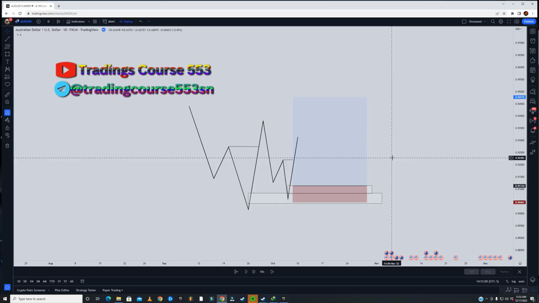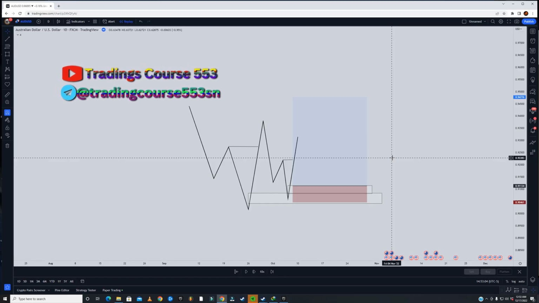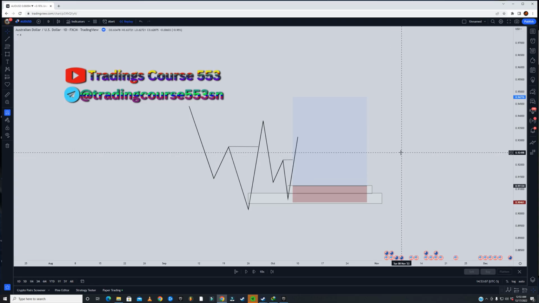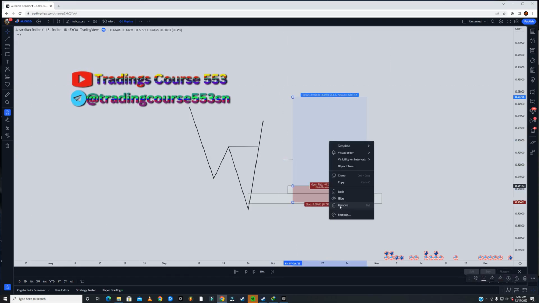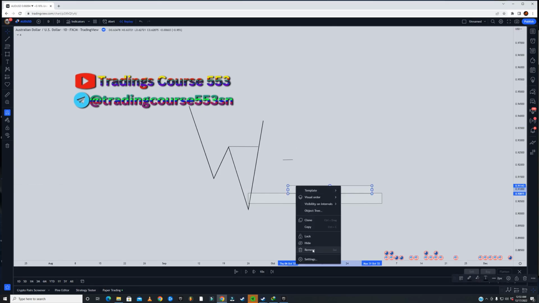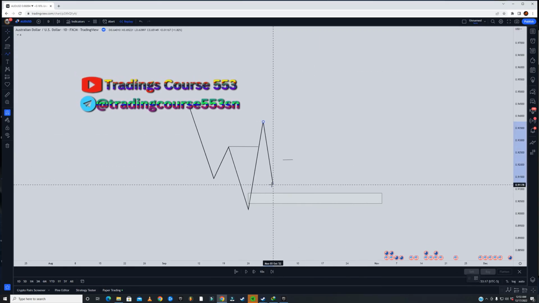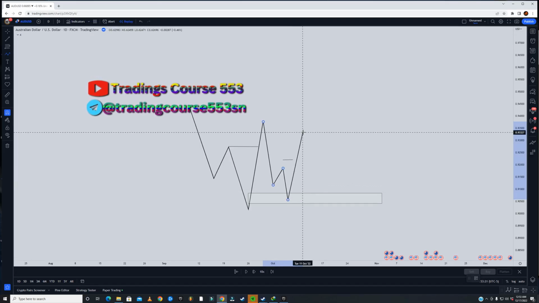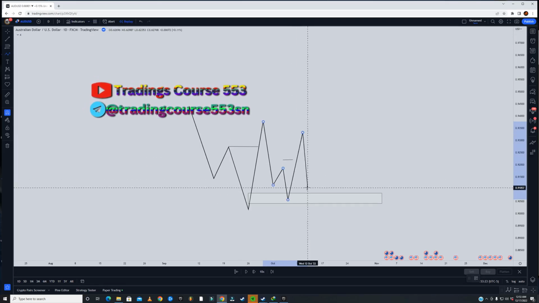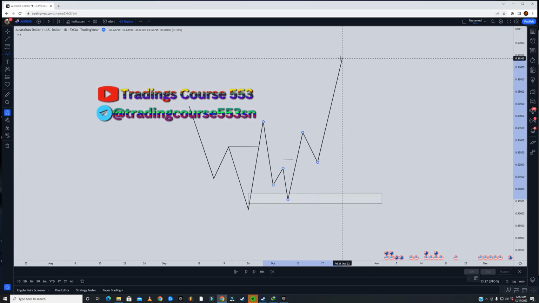Now, this is going to take some back testing, because for some people this might not be suitable, because sometimes what price will do is, let me draw this out, right? So you have your POI here, right? So what's going to happen is you're going to get your confirmation market structure shift, but price will not come back to the lower time frame POI, your entry point, and it's just going to keep on going up.